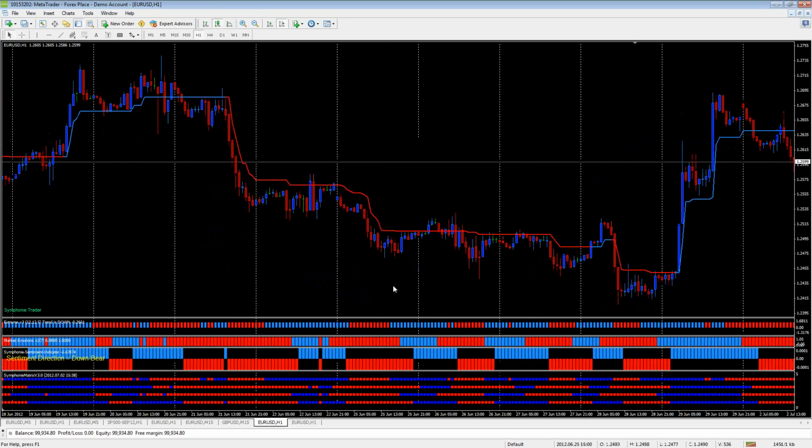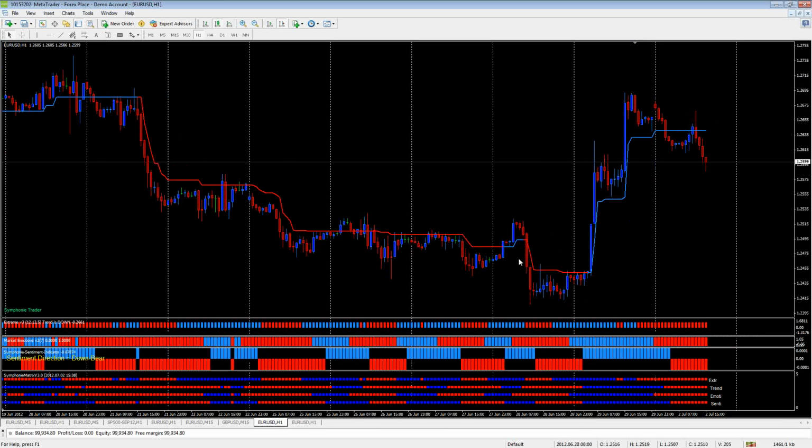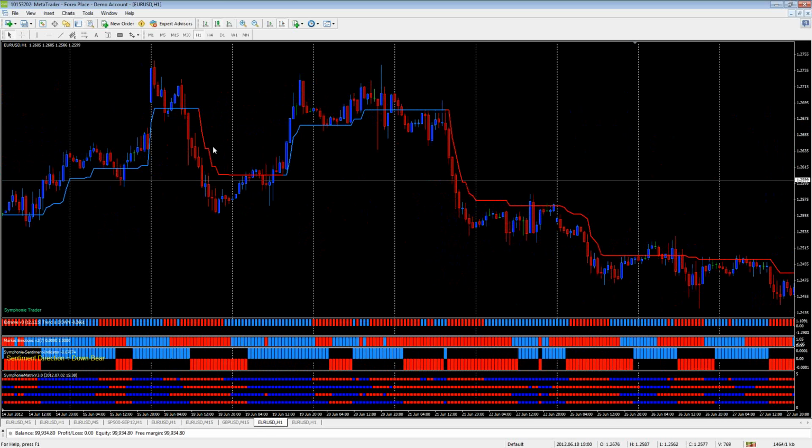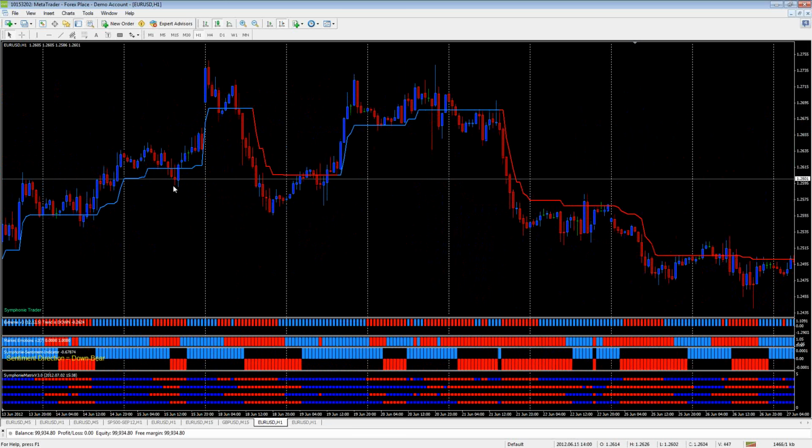So again, it depends on how aggressive you are as traders, or how courageous, or how much chance you want to give to the market. But as long as the price is below the trend line, even if the trend line is for some reason blue, don't take long positions.